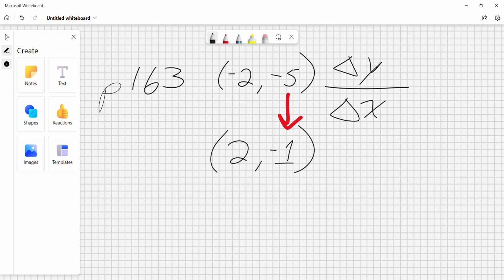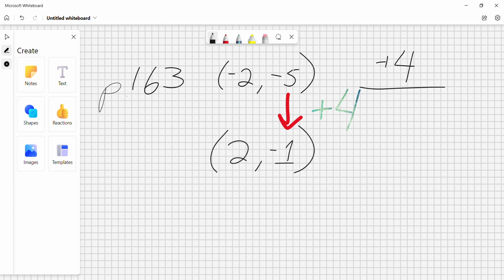So once I have the slope, then I'm where I want to be. How do I get from -5 to -1? In order to rise from -5 up to -1, I go +4. +4 gets me there. So my rise is +4.